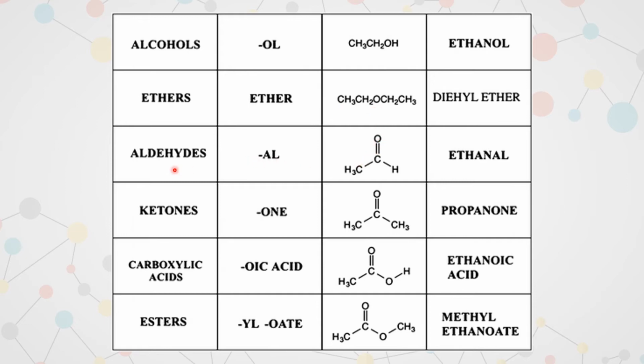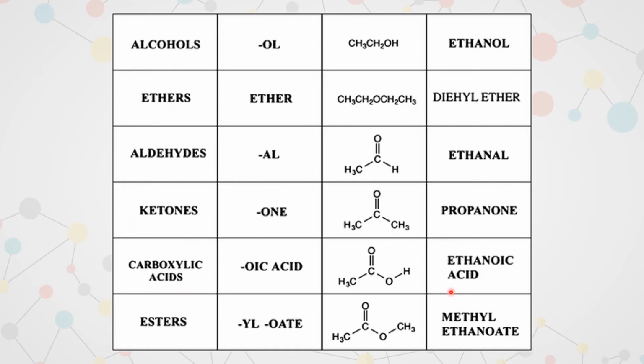We also have the aldehydes. An example of aldehydes is ethanal. So this is its chemical structure or chemical formula. We also have ketones. The example of ketone is propanone. This is its chemical structure. We also have carboxylic acids.